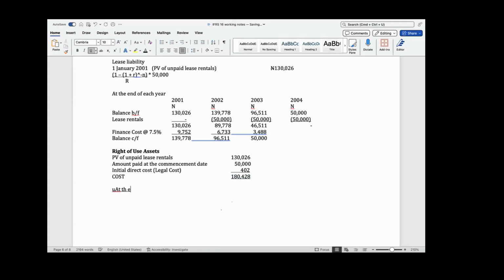at the end of each year, we are going to determine our depreciation per annum, which is the 180,426 divided by the lease term. So what's the lease term here? 4 years.